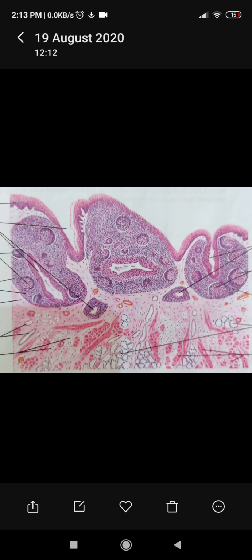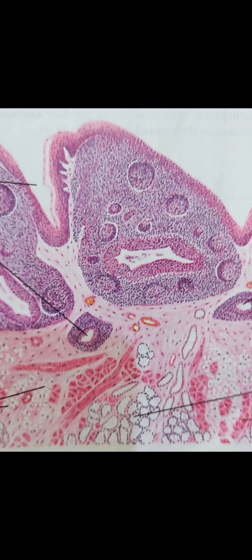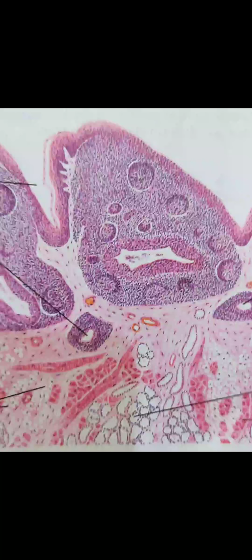So these are the lingual tonsils, which are aggregates of small individual tonsils, each with its own tonsillar crypt. Lingual tonsils are situated on the dorsal surface of the posterior region or the root of the tongue. A non-keratinized stratified squamous epithelium lines the tonsils and their crypts. You can see here the non-keratinized epithelium, and they are located in the lamina propria below the stratified squamous epithelium.